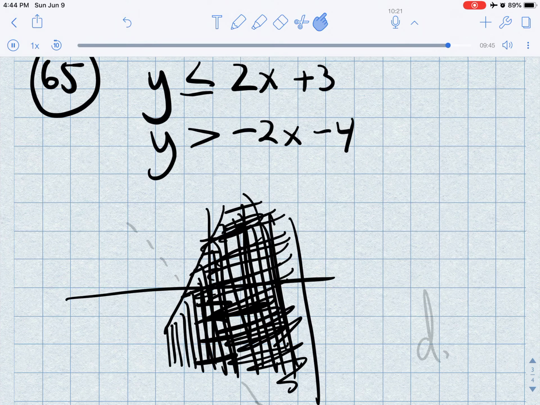This was supposed to be dashed, by the way. So this is dashed. So 65, take a look now, is choice D.